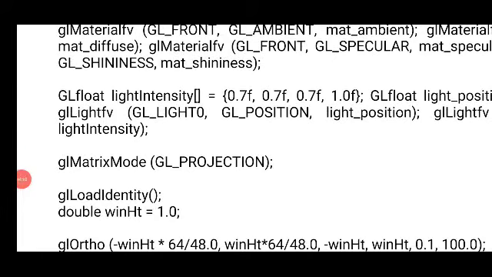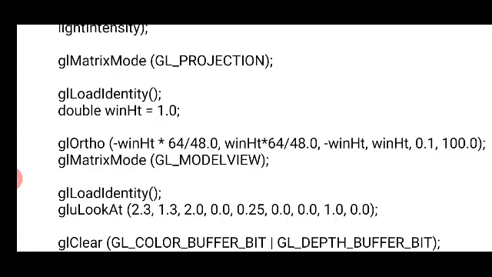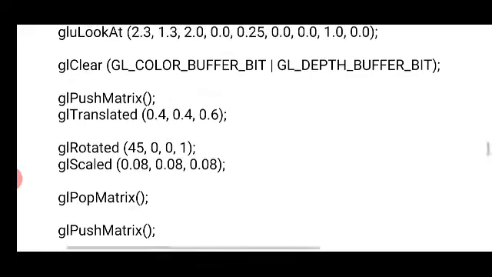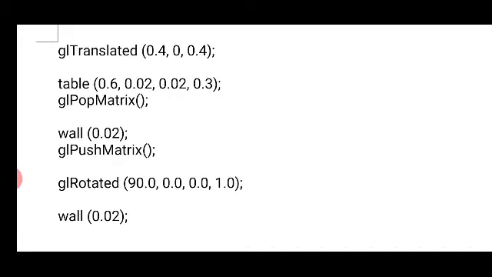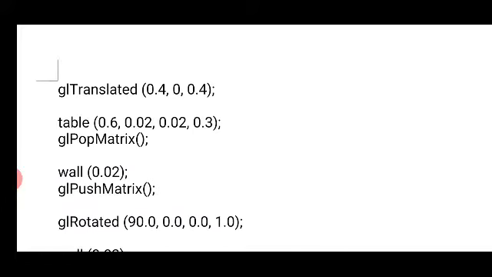Okay, after assigning all these light properties, the next thing is drawing each scene. First of all we are going to draw the table at this particular position: x-axis is 0.6, y-axis 0.02, z-axis 0.02.